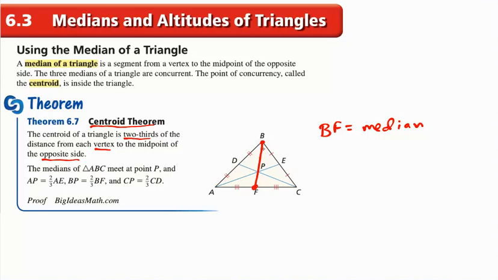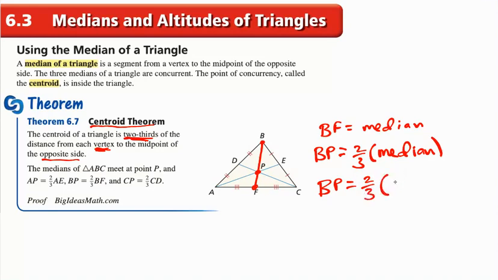But if we go from the vertex to the centroid, BP is equal to 2/3 of the median. So BP is 2/3 the length of BF.